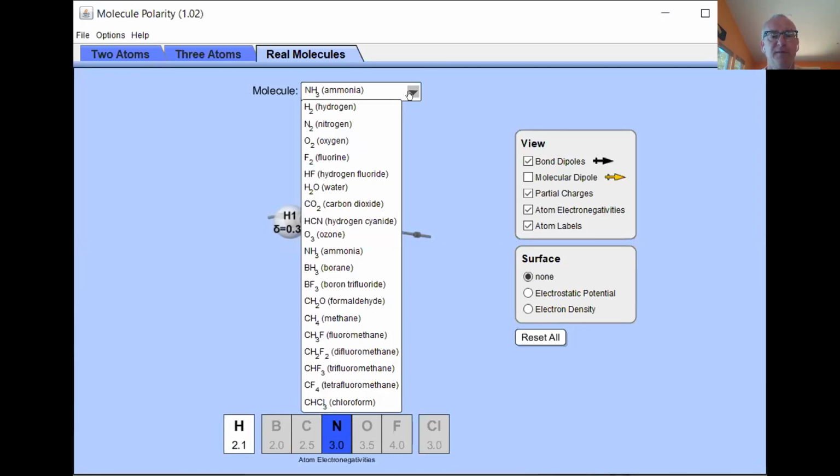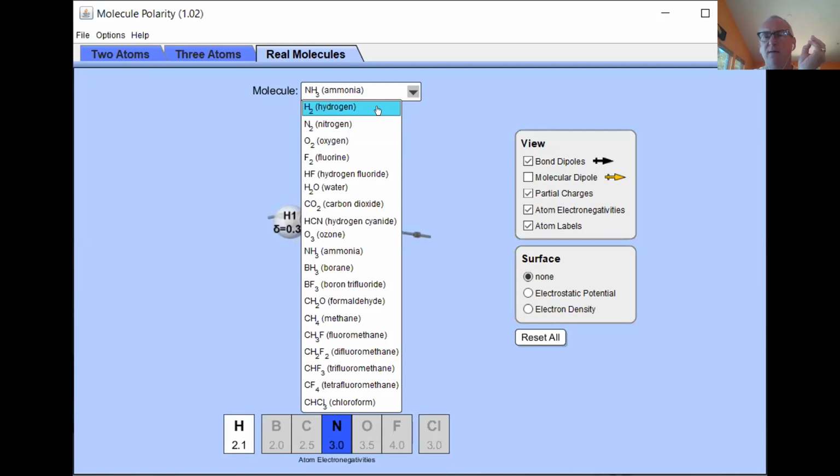So I mean, all the diatomics are going to be fairly straightforward. None of them are going to be polar. Why are none of the diatomic molecules going to be polar? Hydrogen, nitrogen, oxygen, fluorine, none of them are going to be polar.